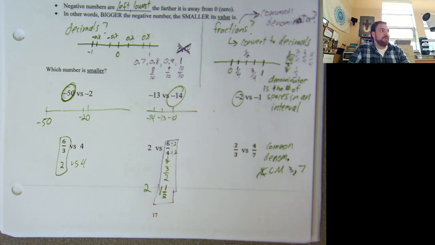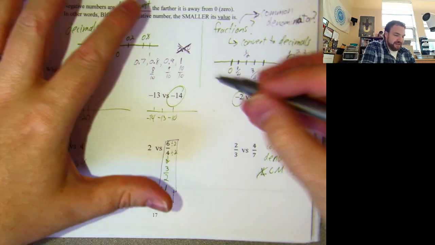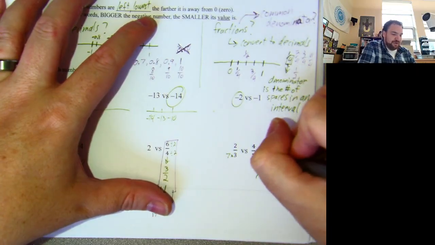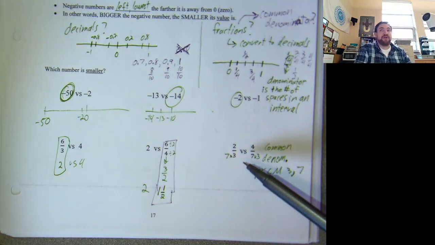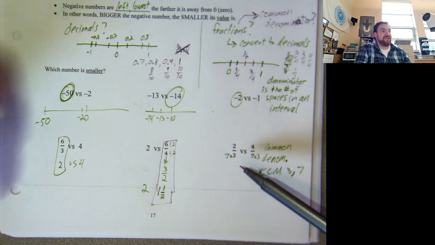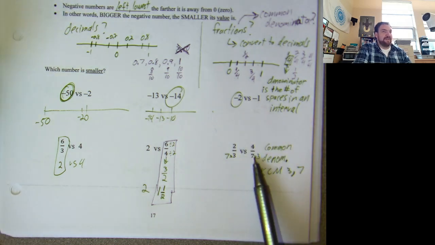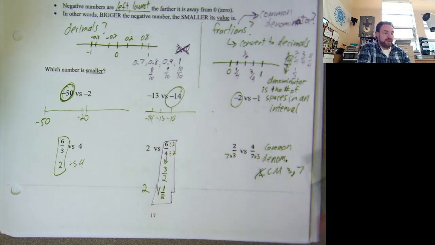It will give you a multiple every time. It might not be the least. It doesn't have to be the least. We just need a common multiple. So what I'm going to do here is multiply the 3 by the 7 and the 7 by the 3. And when we're finding a common denominator, what else do we have to do to make sure the fractions stay the same? Whatever we do to the denominator, we have to do to the numerator.